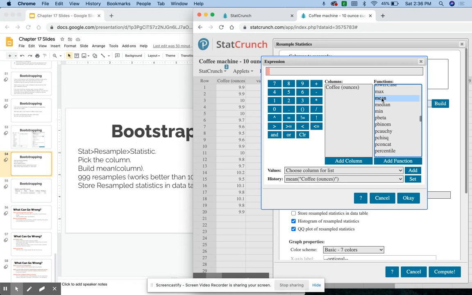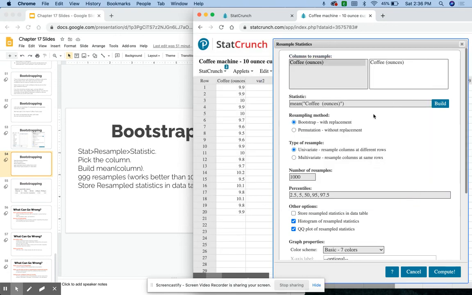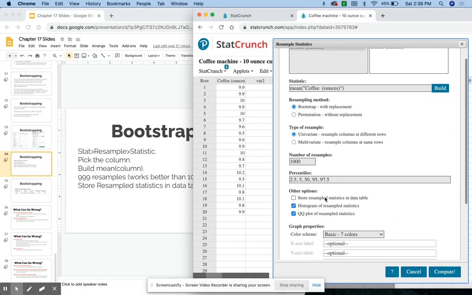So you have to click Mean for the expression, and then Add Function. And then you have to click the column that you want it to calculate the mean of and click Add Column. Then if you close parentheses and click OK, you have to make sure that you store the statistics in the data table.